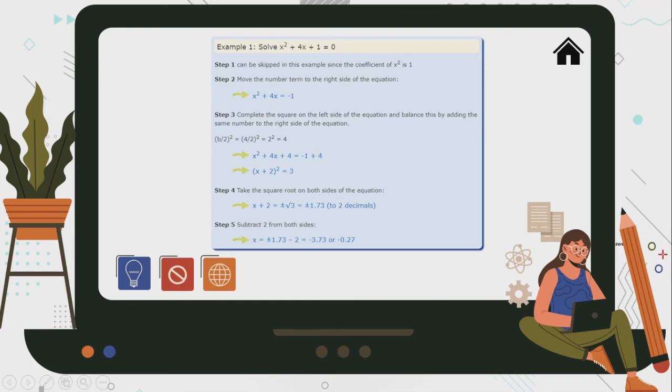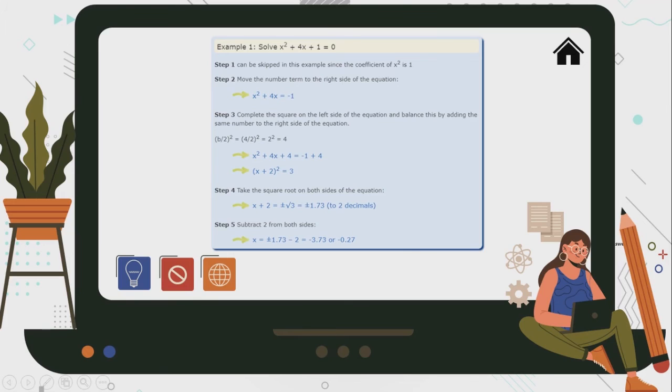Okay, so we get (b divided by 2) squared equals (4 divided by 2) squared equals 2 squared equals 4. So we get x squared plus 4x plus 4 equals minus 1 plus 4, and (x plus 2) squared equals 3.